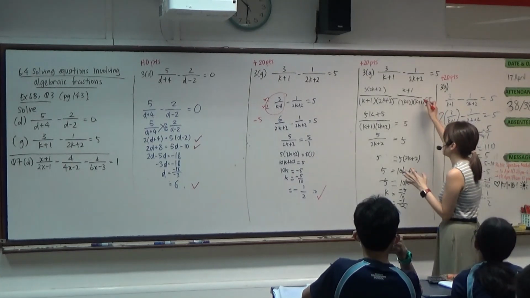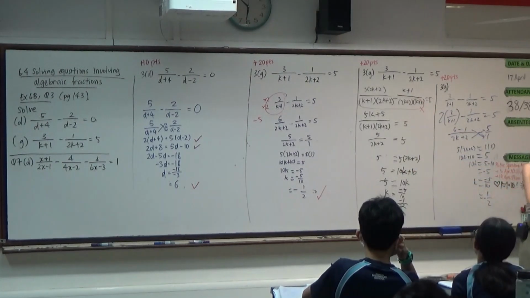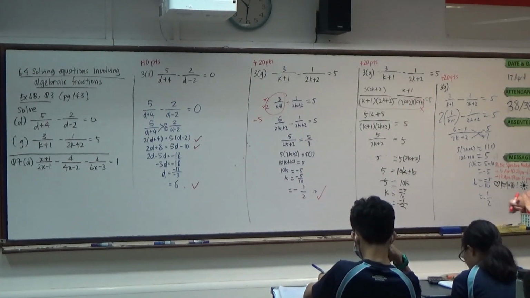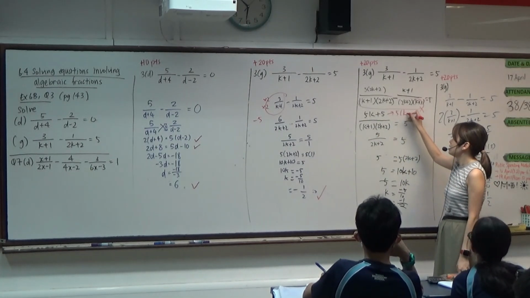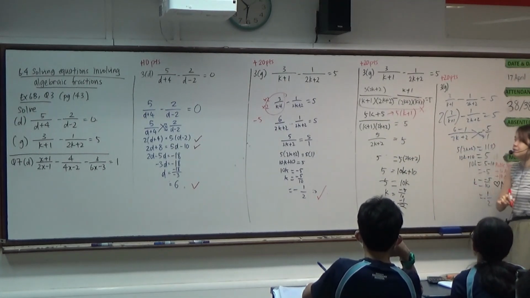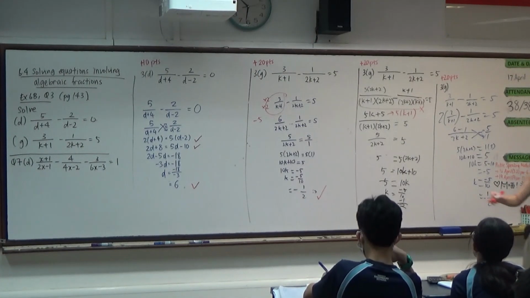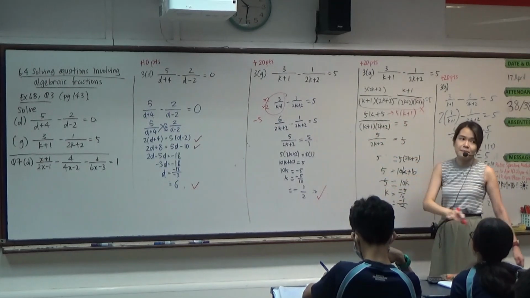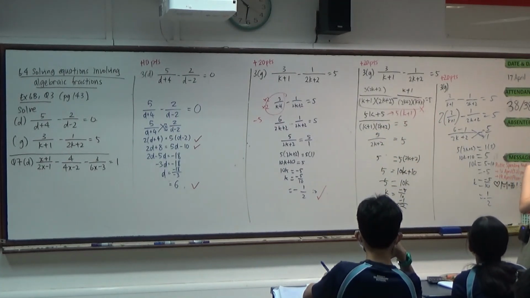So I don't want to encourage this process, because it isn't quite right. Although in the end it's kind of self-rectified because in this case here, this 5k plus 5 would just be factorized as 5 times k plus 1, and then your k plus 1 can be divided away.